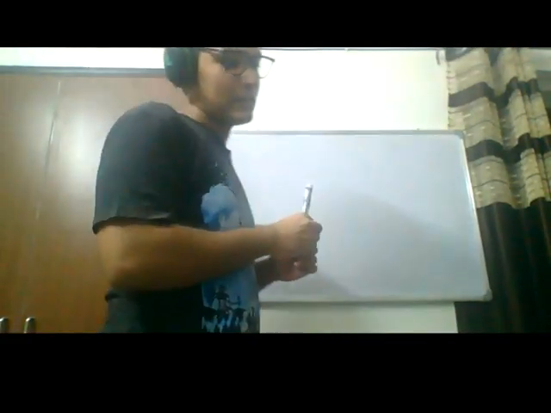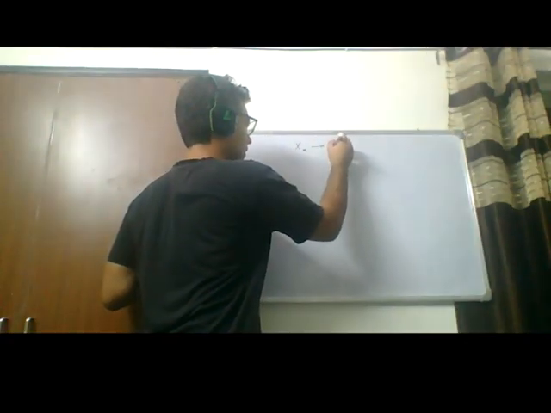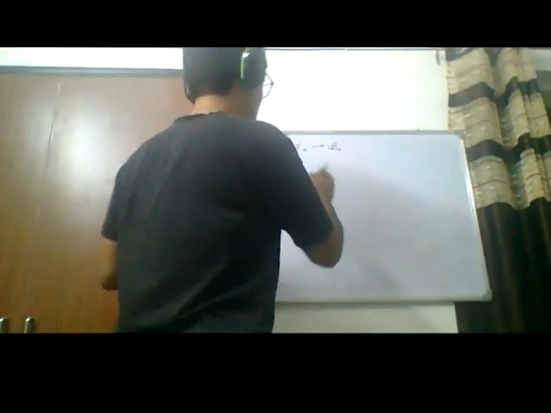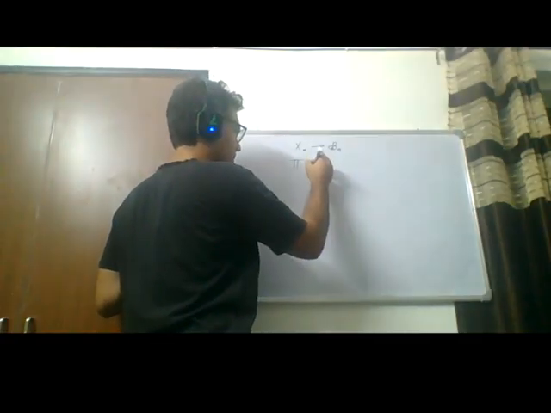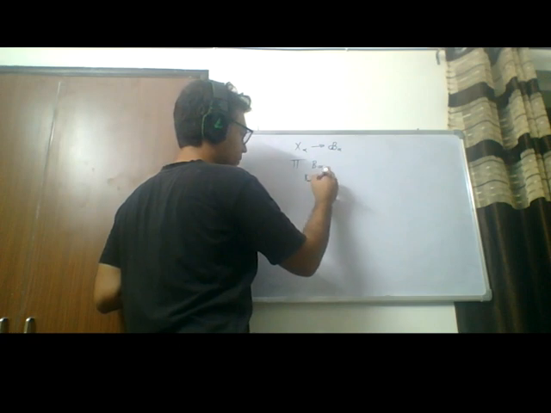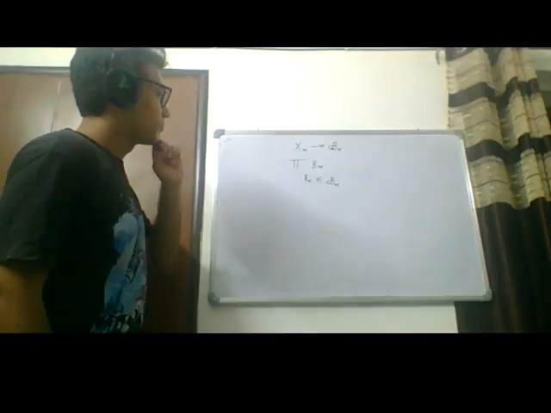Okay, so since the topology is given by the base, we have a basis for each topology, right? And now we have a collection of all the sets of the form product of B alpha, where B alpha belongs to the collection B alpha, right?